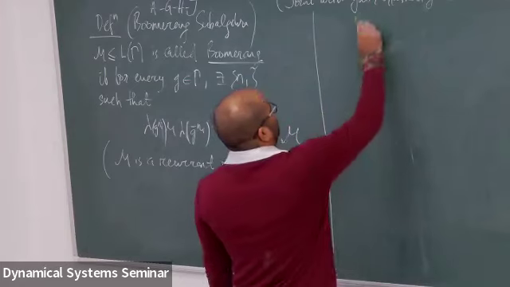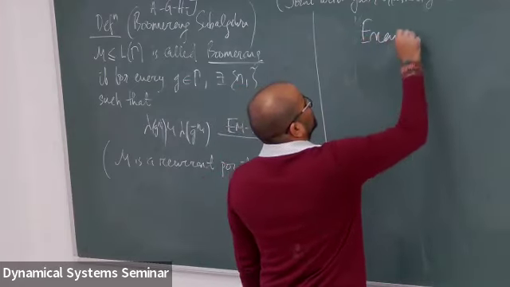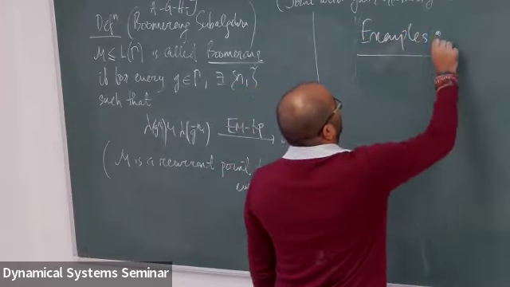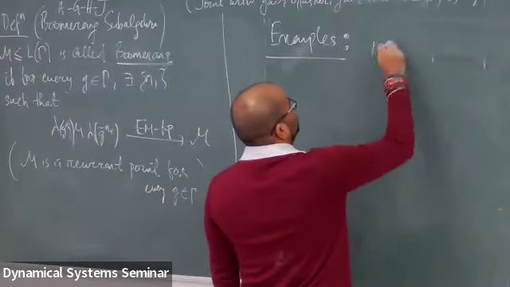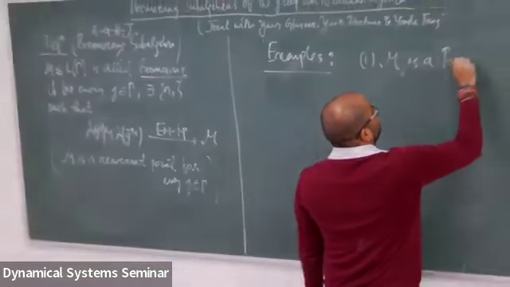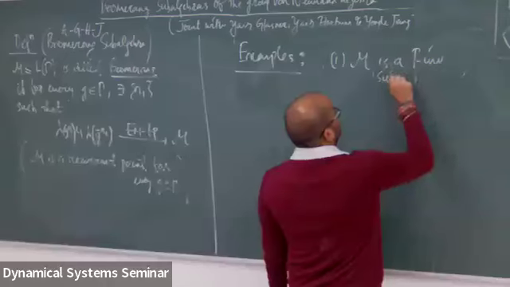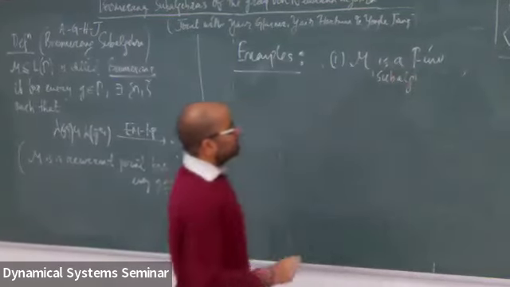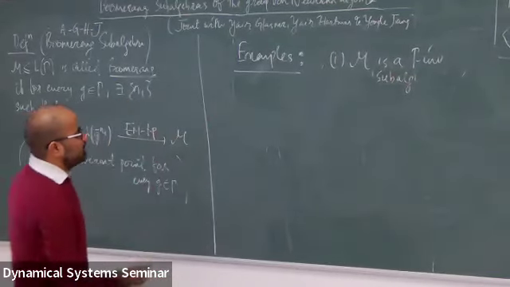Okay, so one example. For example, one is when M is a gamma invariant subalgebra. This is of course trivially satisfied.